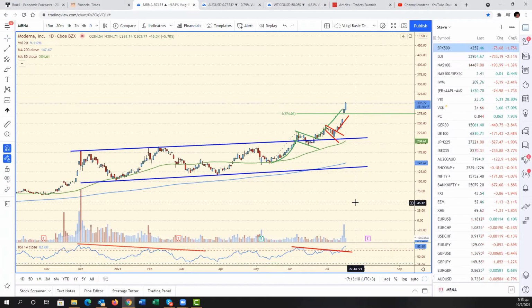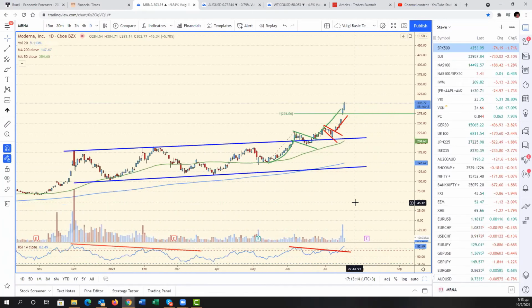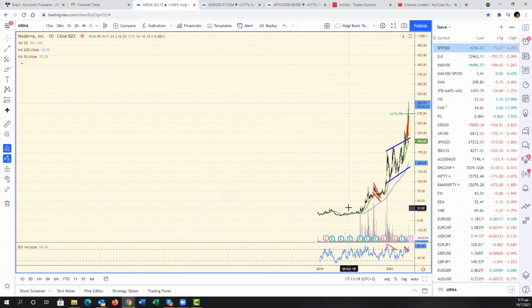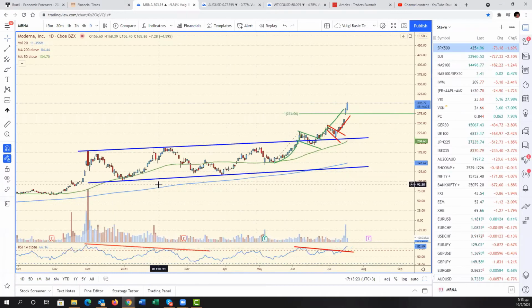Upside targets when you're at all-time highs is not an easy task, right? And we don't even have proper pullbacks to fib extent.